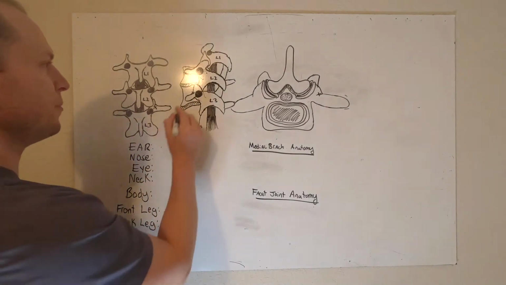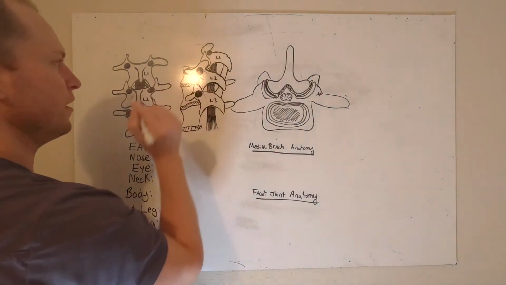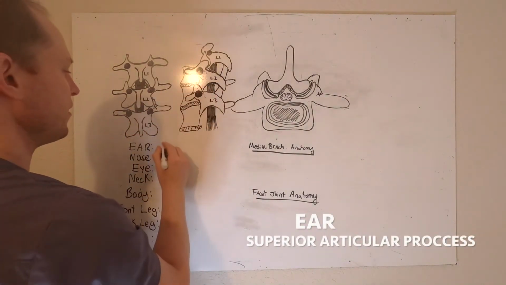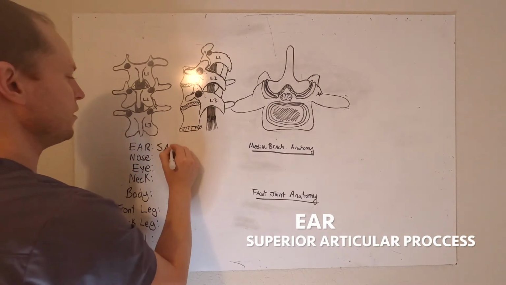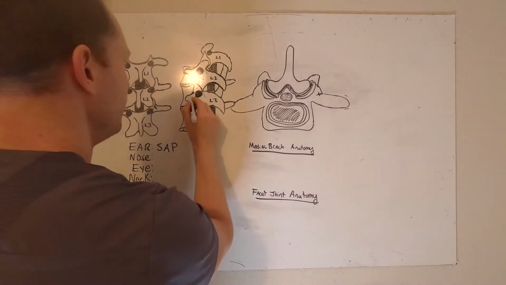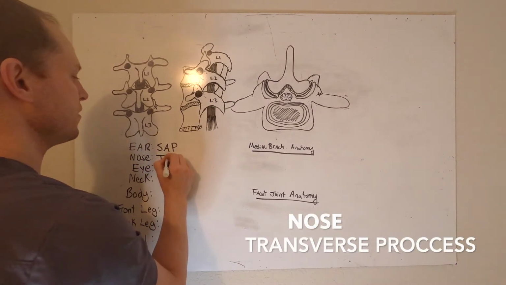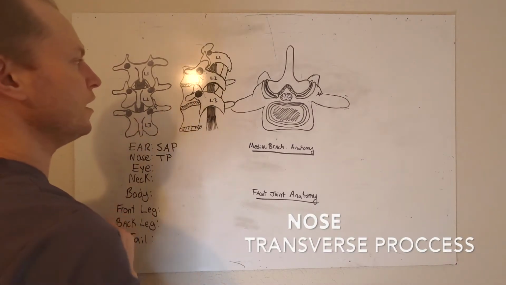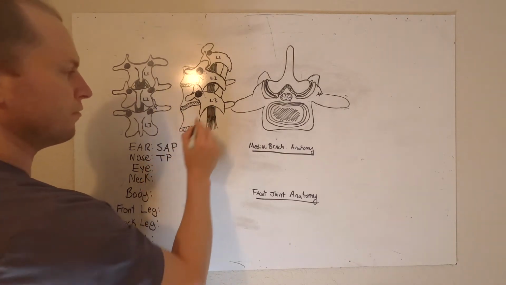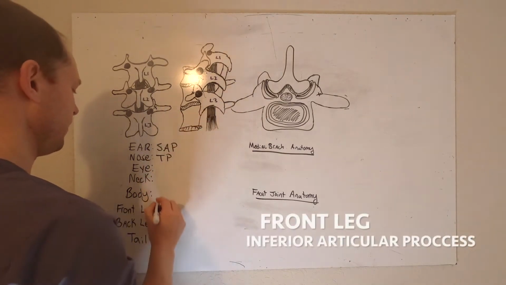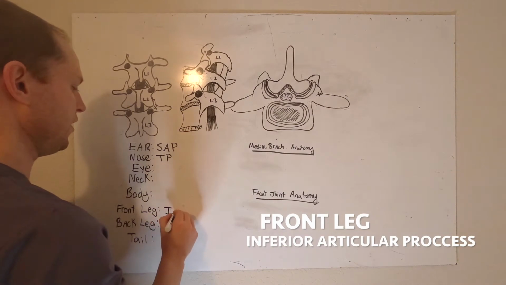It is made up of the ear here, which is the superior articular process. The nose, which is the transverse process on the involved side. The leg, the front leg, the inferior articular process.